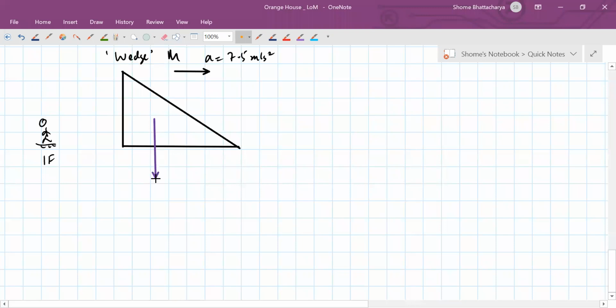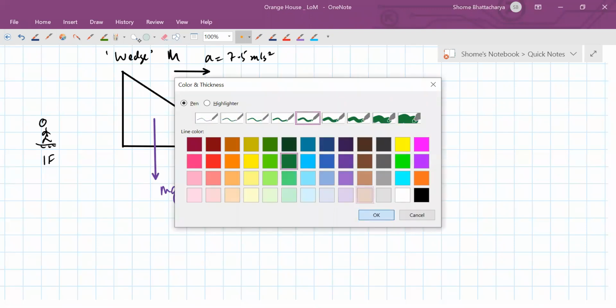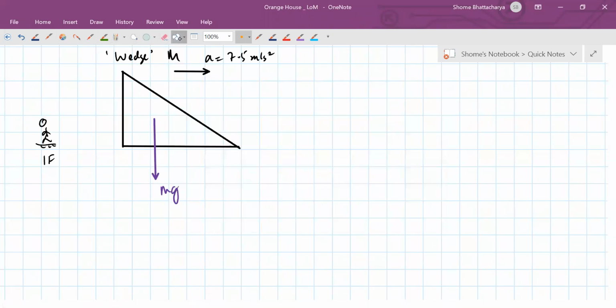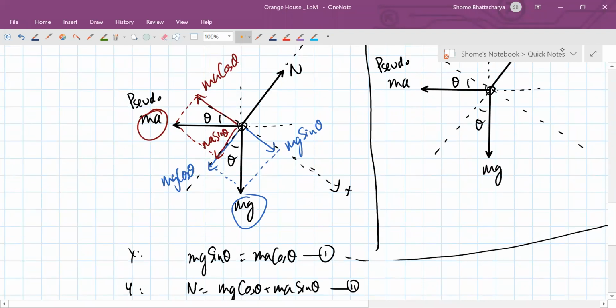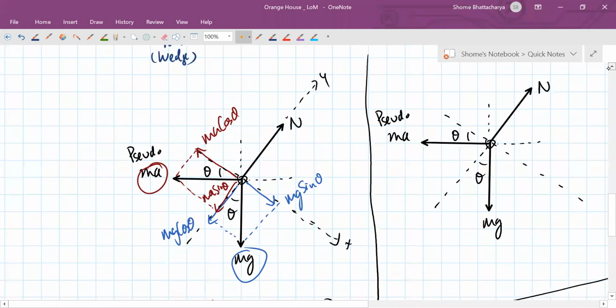There is its weight, there is the normal reaction acting on it, but there is also, sorry, not mg, and let's name this normal reaction as N prime, because now there is also this force, this contact force between the two, this one.